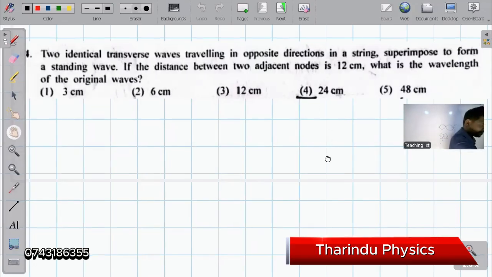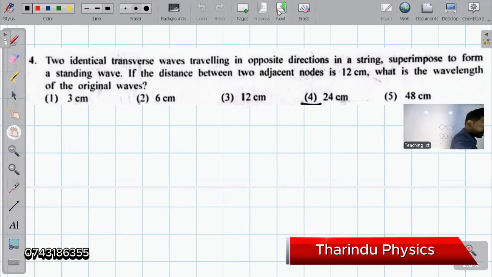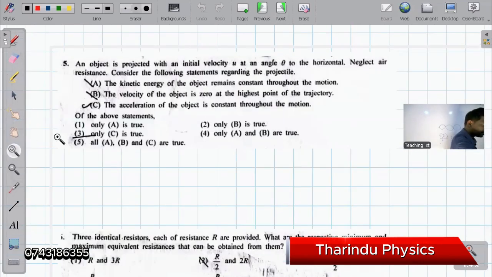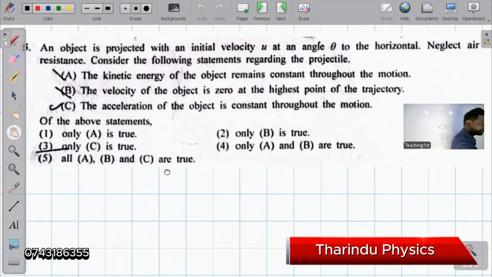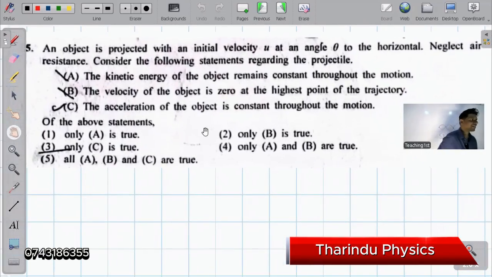It is the fourth answer. Fourth question, fourth answer. Let's see what the fifth question is. There is a big question here as well. An object is projected with an initial velocity u at angle theta to the horizontal. Neglect air resistance. Consider the following statements regarding the projectile.